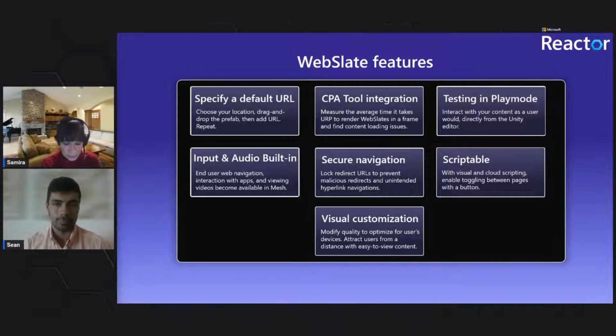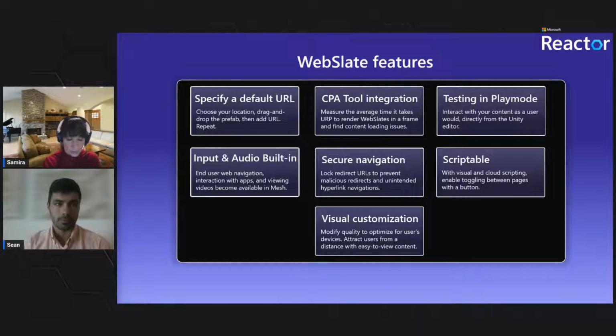Interaction with your web content also comes built in when you use this prefab. That means that users can click and interact with your web content. The same is true for audio, which also comes built in. And this unlocks the ability for viewing rich media content and videos for free within Mesh.